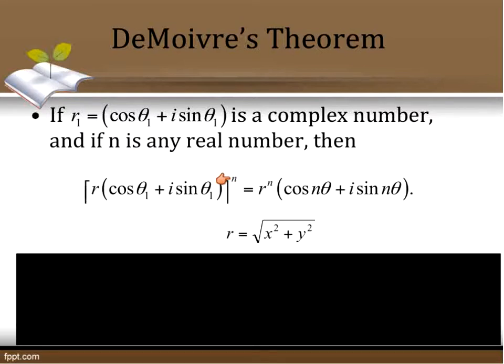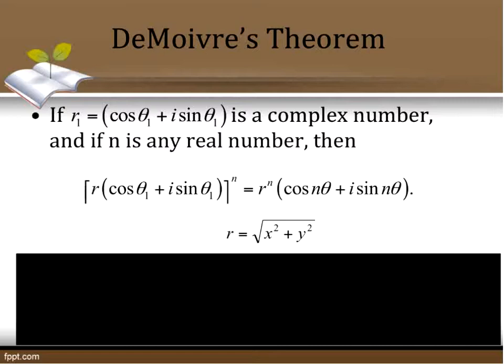Think about what we used to have to do in Algebra 2. If this was to the 3rd power, I would write this thing out 3 times, and you're doing a ton of foiling, a ton of combining like terms, but De Moivre, he is going to help us with a shortcut method.